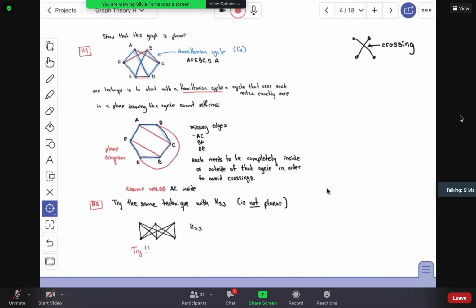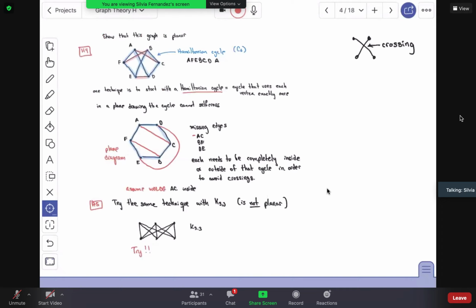The first technique is related to starting with a Hamiltonian cycle. A Hamiltonian cycle, we went over that last time, is just a cycle that goes over every single vertex exactly once. And then, if you assume that your drawing is plane, then your Hamiltonian cycle has to look just like that, like a convex polygon, like this blue one.